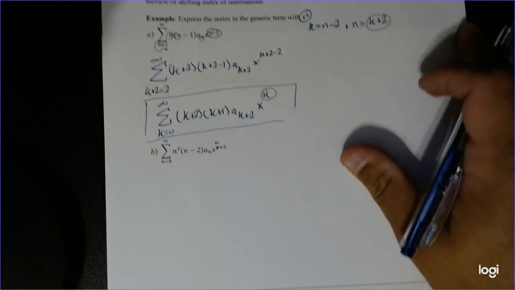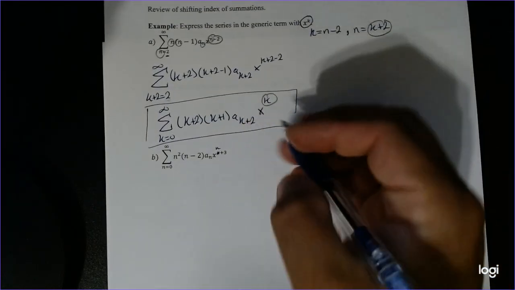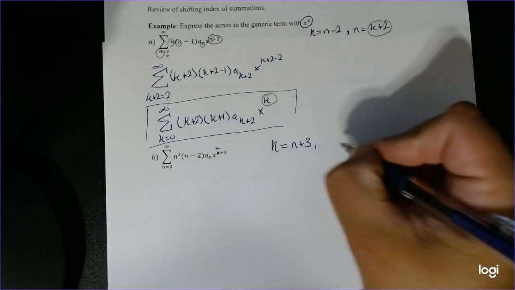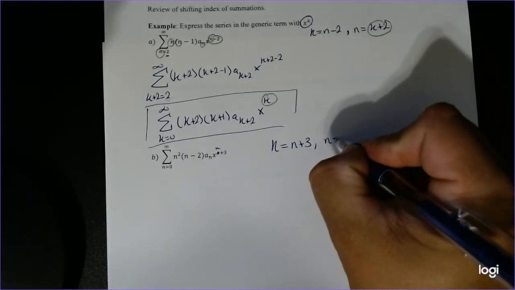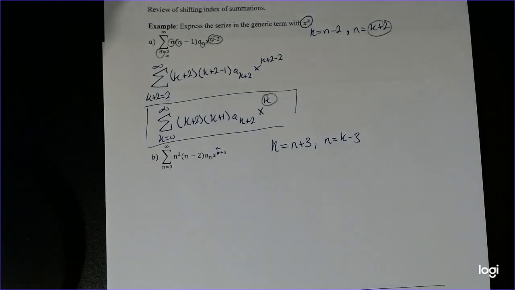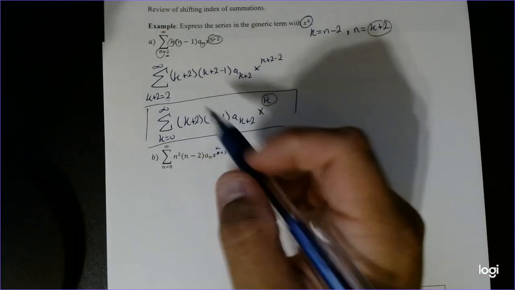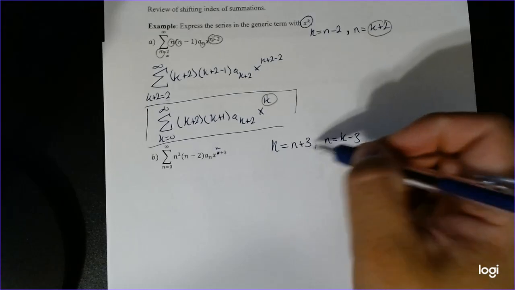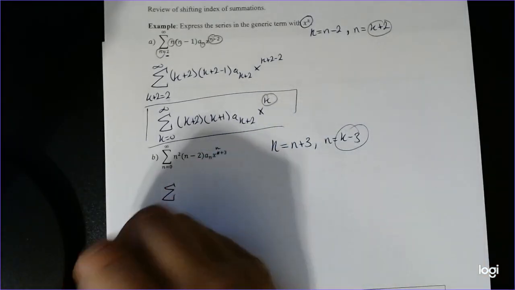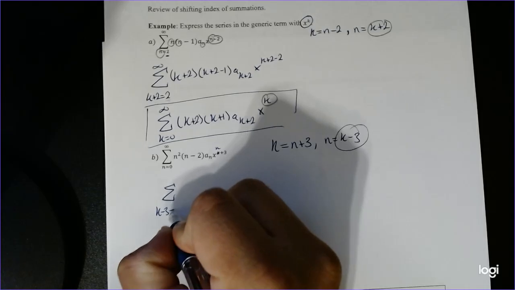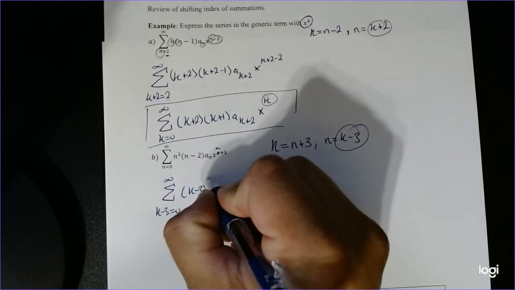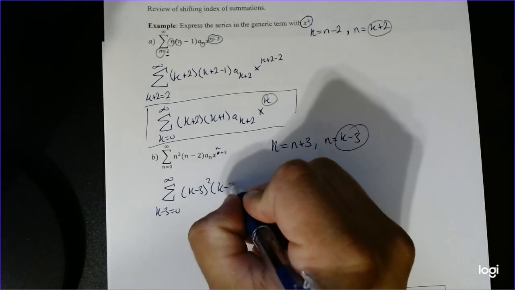Okay, same process. So we want everything in terms of k, so I'll just follow the same process we did earlier. So solving for n will be k minus 3 this time. And if I follow the exact same steps we did above, just replace everywhere I see n with this now. I'm going to have k minus 3 equals 0, k minus 3 to the second power, and just again, replug in everything.